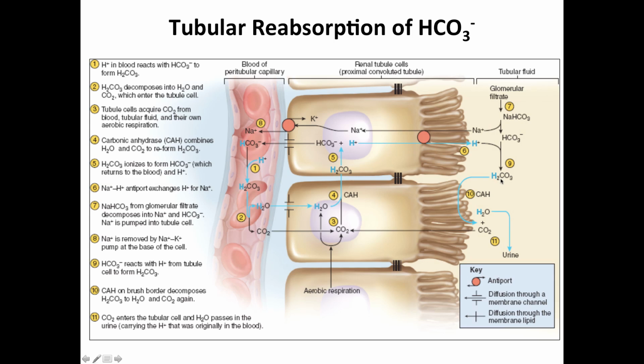One other step that you'll notice right over here that's unique to bicarbonate ions specifically is that not only will you have carbonic anhydrase within the tubule cells themselves, but you'll also have this carbonic anhydrase enzyme actually produced here within what we would think of as the microvilli of the tubule cells. So it's referred to as a brush border enzyme in that situation.